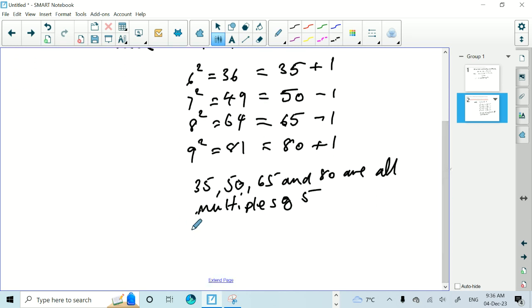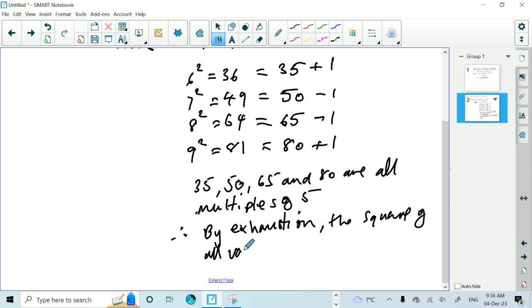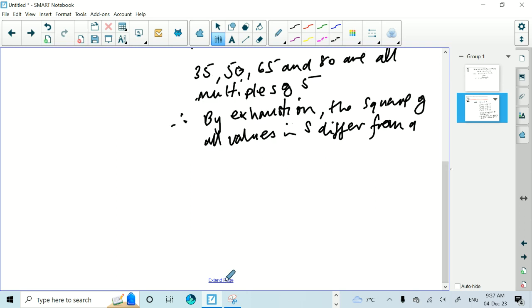So therefore I can write, by exhaustion, the square of all values in S differ, and this is in the question, differ from a multiple of 5 by 1.